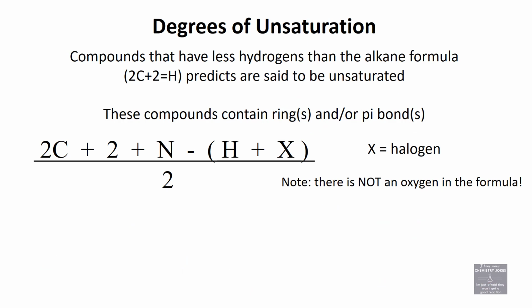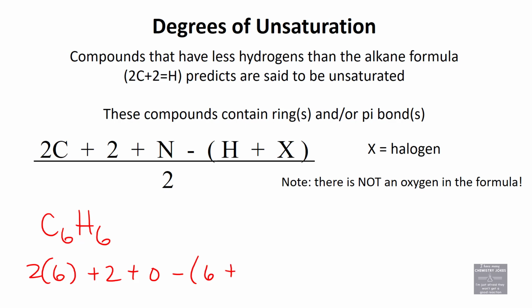So something like C6H6: 2 times the number of carbons, plus 2, plus nitrogen, ain't got none, minus hydrogen, plus halogen, don't have any, over 2. That makes a DU of 4.